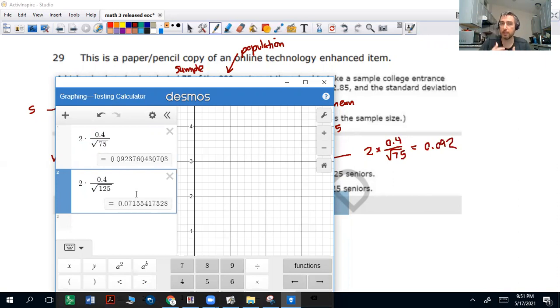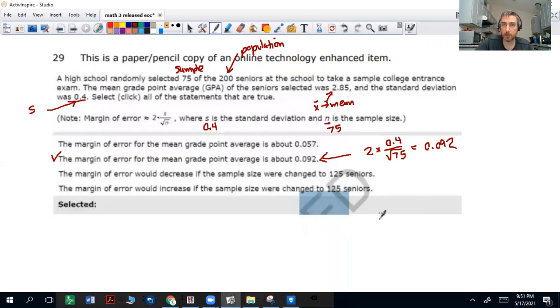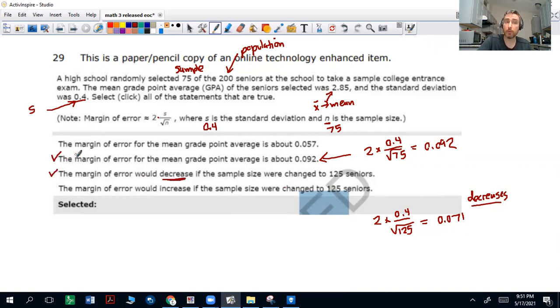So that margin of error decreases. If I do 2 times 0.4 divided by the square root of 125, I get about 0.071. So it goes down, decreases. So it's going to be this one. So both of those are correct.